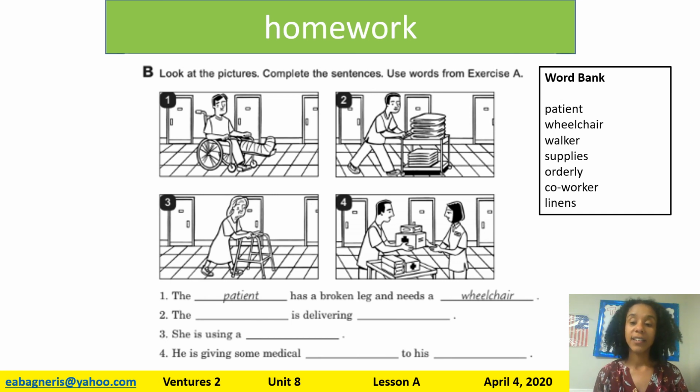They filled in the missing words for you, patient and wheelchair. You need to do numbers 2, 3, and 4. Please write them in your notebook. Write the complete sentence so you have it in your notebook.